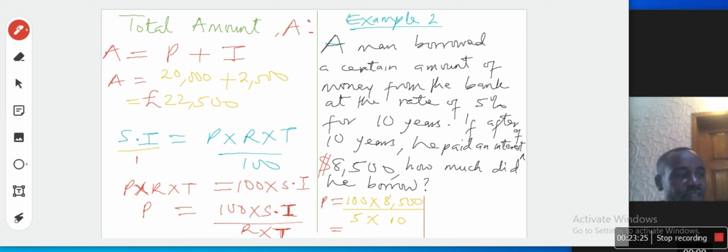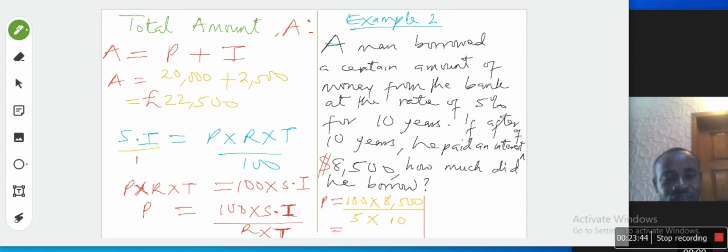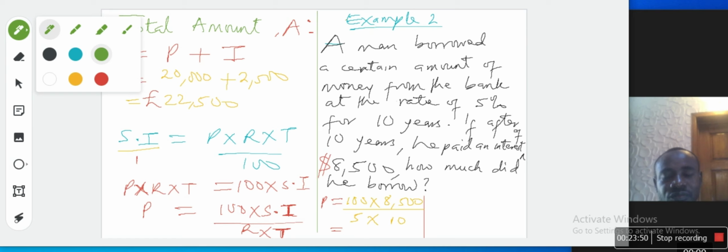He almost paid half of what he borrowed. I know it will be 17,000. That's a very, very bad investment. This man is paying almost double of what he borrowed.